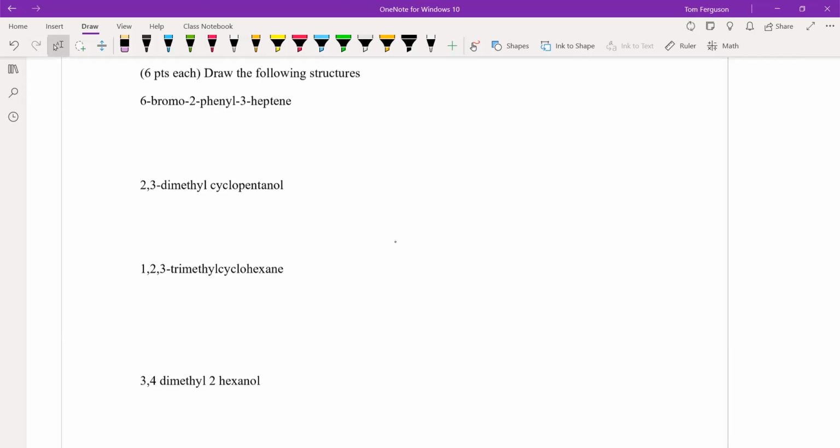And then draw the structures given the name. So we have a heptene, 7 carbons long. One, two, three. 3-heptene. And on carbon number 2 is a phenyl group.